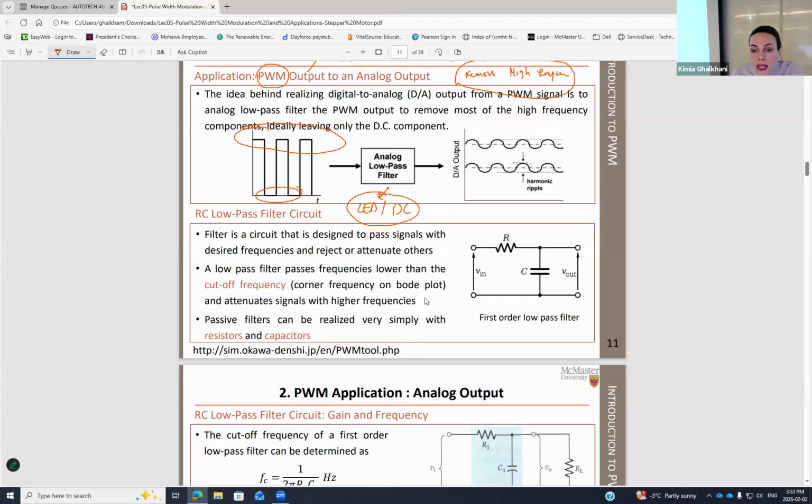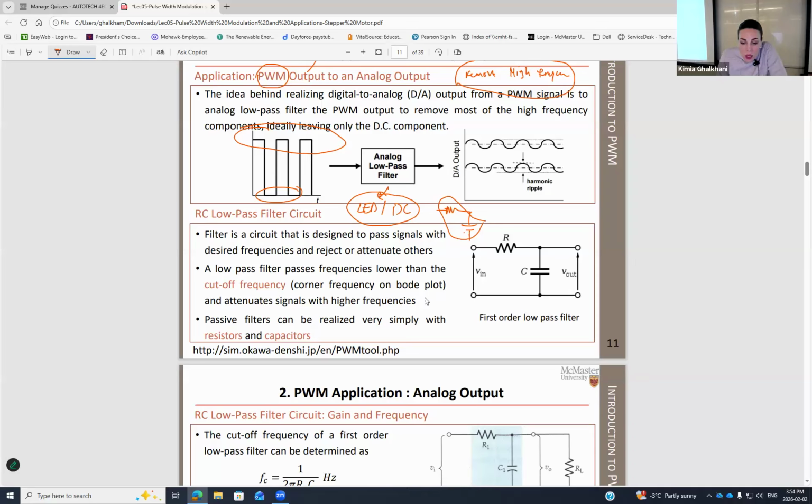The circuit is a combination of resistor and capacitor. Capacitor by default is not a load, but resistor is a load. But the combination of them is acting like a load that I'm going to get rid of some of the excess voltage or extra voltage. That's why I say it's like a load.